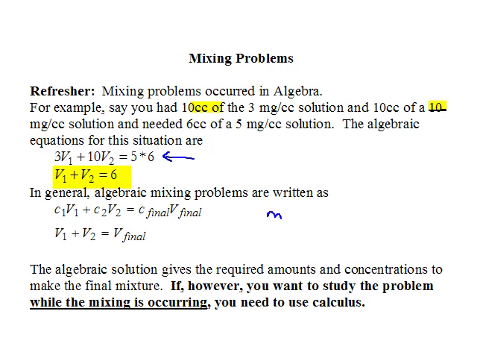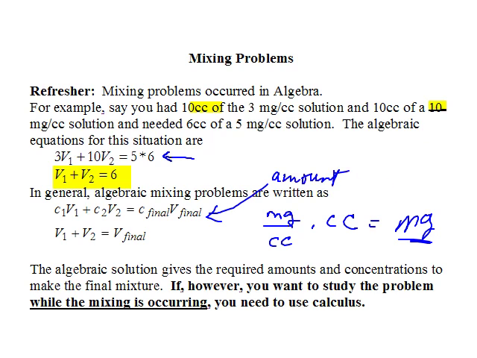You have so many milligrams per cc, and if you multiply by volume, which is in cubic centimeters again, you end up with milligrams. How many milligrams of the substance you have? So this gives you the amount, in milligrams, and the other was just the volume.